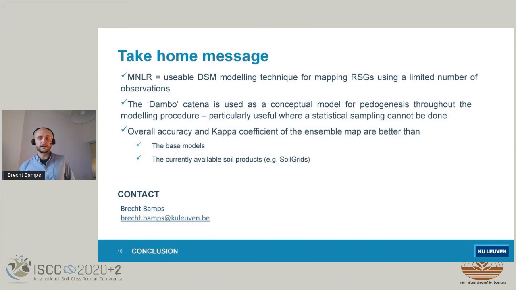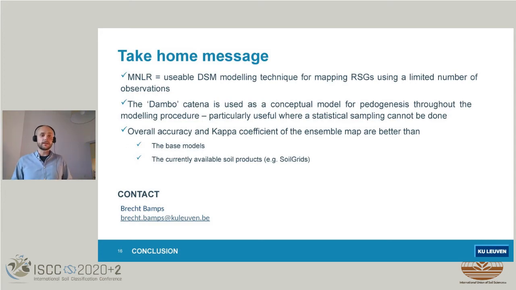And then here, to conclude, I want to give some take-home messages. So first of all, we were able to classify our soils given the limitations that we were working within. And also we were able to use this multinomial logistic regression with a limited number of observations.